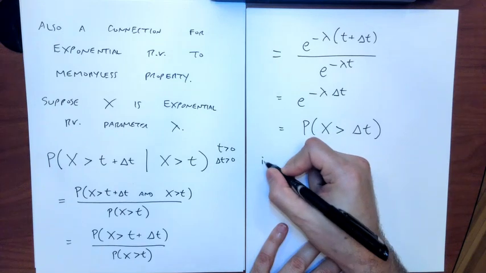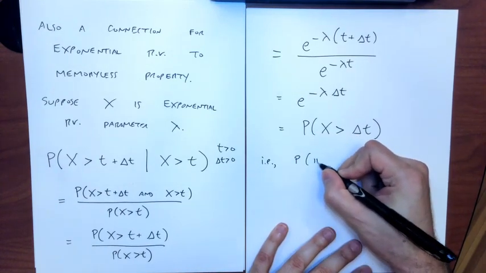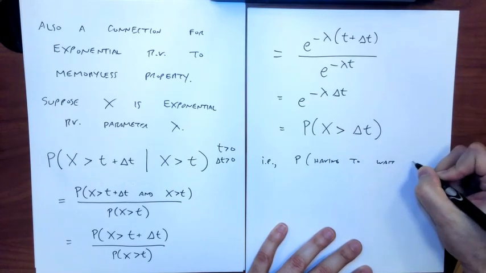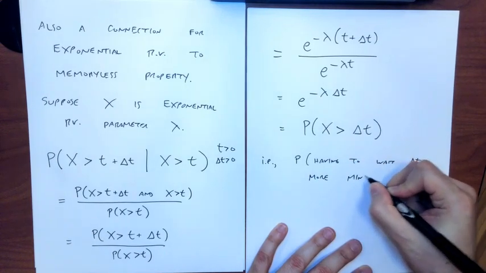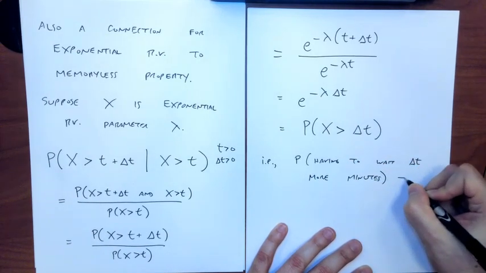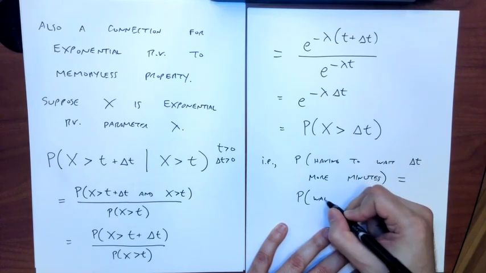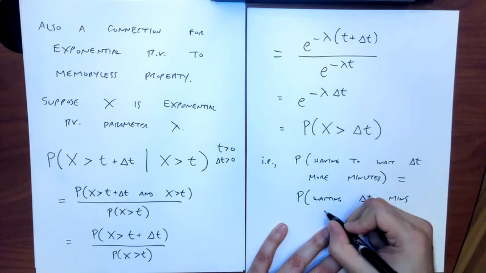So the statement here is that the probability of having to wait delta t more minutes is equal to the probability of waiting delta t minutes in the first place.